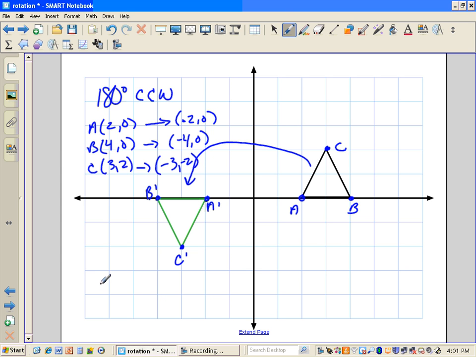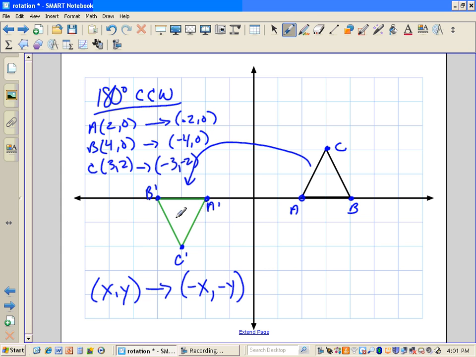So it looks like our rule is the x's just become negative but stay where the x is: positive 2 became negative 2, positive 4 became negative 4. Again, it's hard to tell with the zeros, but the y became negative as well. So for a 180-degree rotation, x and y stay the same, but if positive, they become negative.